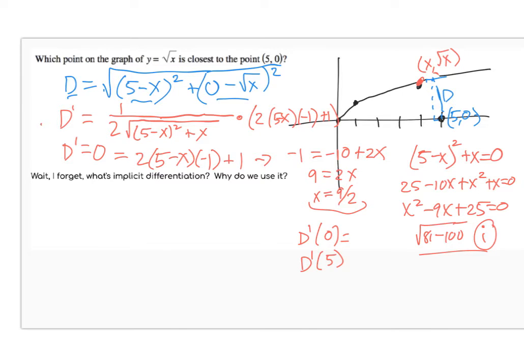So d prime of 0, plugging that in there, I'm going to end up with 1 over 2 square roots of 25. And then for the second part, I'm going to multiply by this.